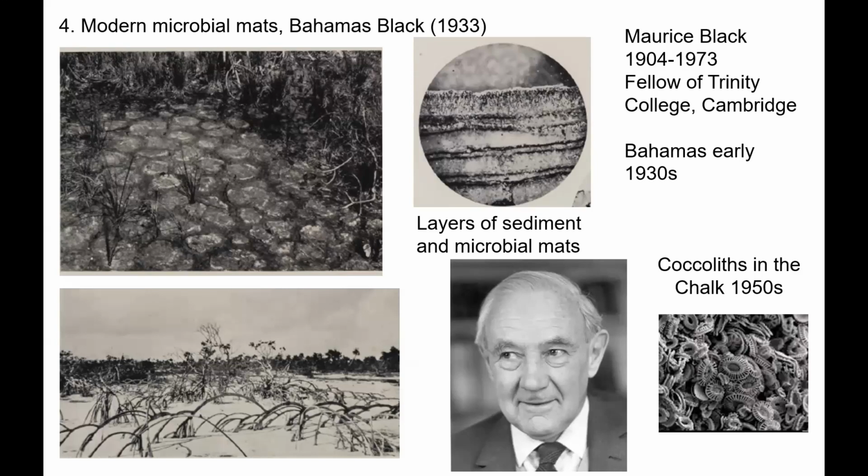So that was a great thing he did in the 1950s. But back in the 1930s, he was a very young man, and he went to the Bahamas and worked on Andros Island and identified these microbial mat structures.